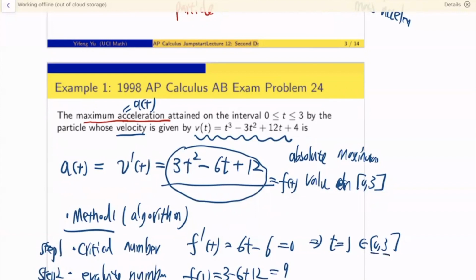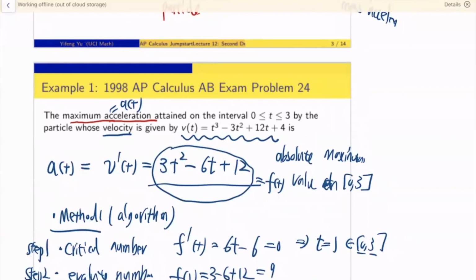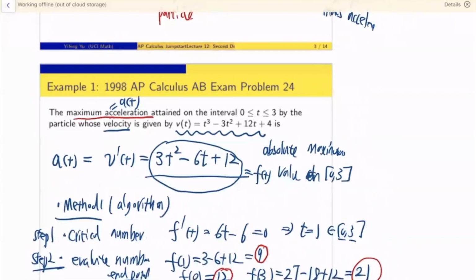Now let's calculate f(3). f(3) is 27 minus 18 plus 12, so we get 21. Now you compare the three numbers: 9, 12, and 21, and obviously 21 is the absolute maximum value.